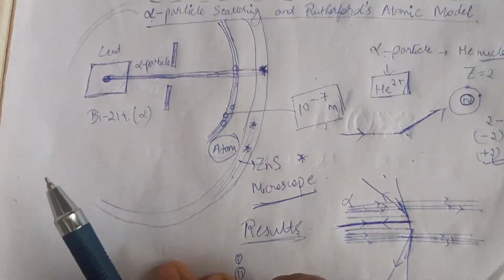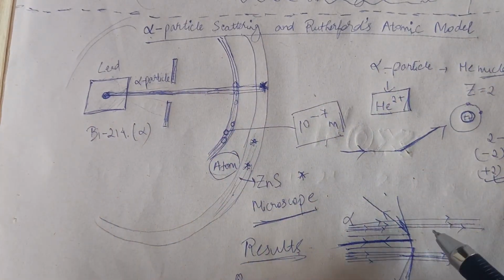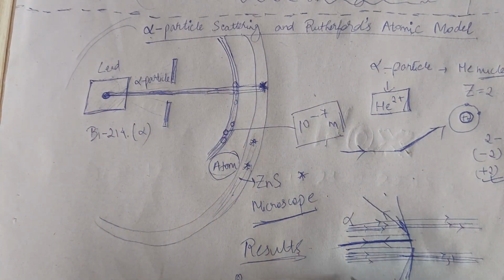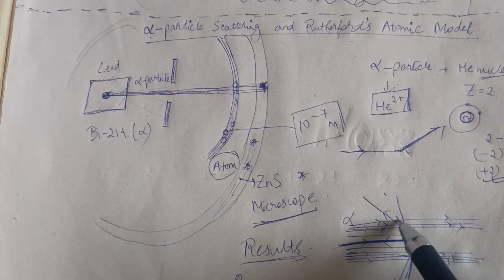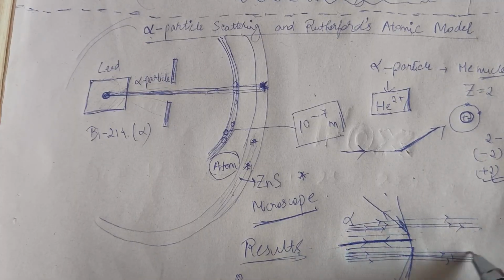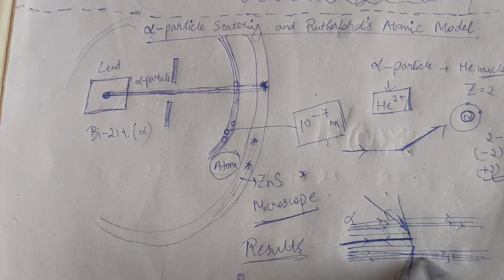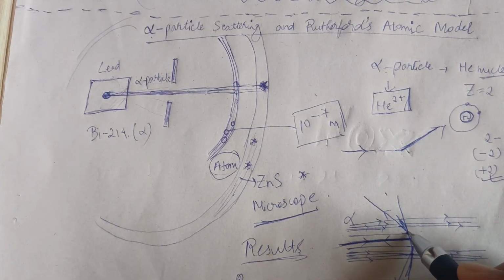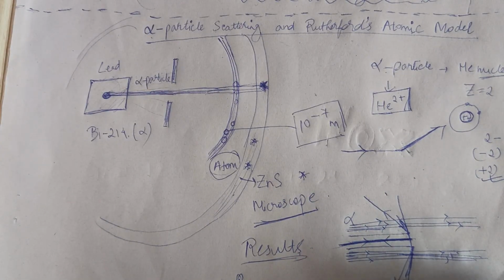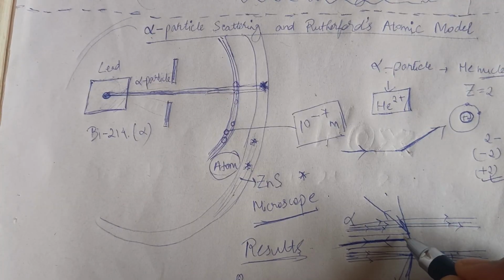So the conclusion from this experiment was that in atoms, most of the space is empty. That is why most of the alpha particles were undeflected; they were passing through. Some alpha particles were deflecting back, so this indicated that there was a positively charged part in the atom.